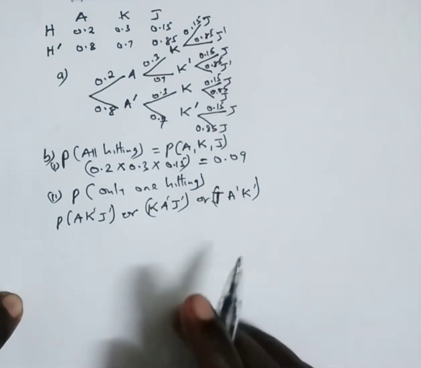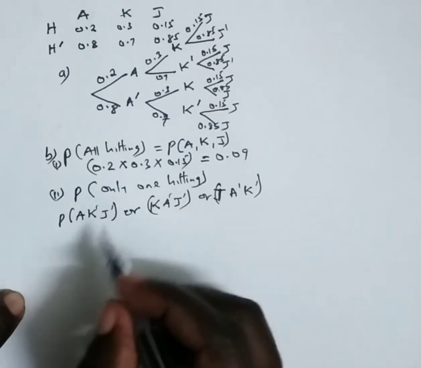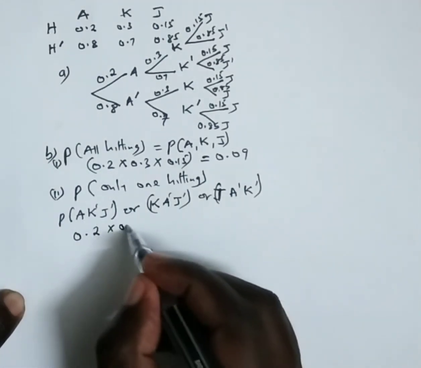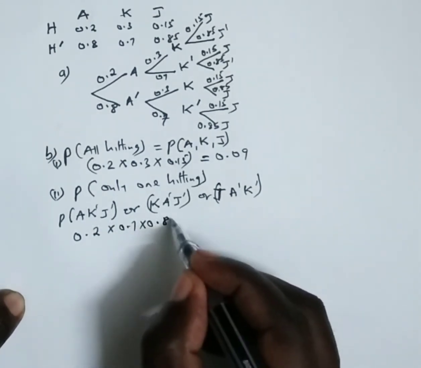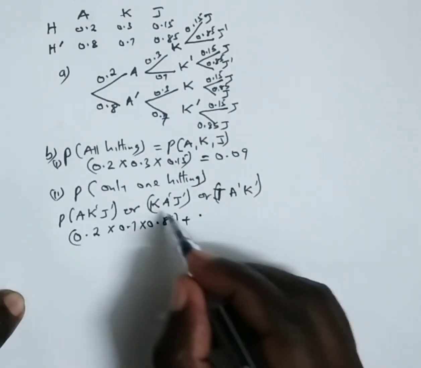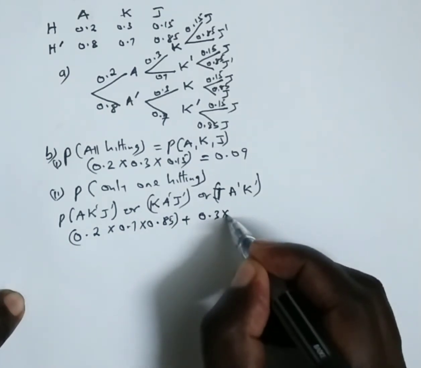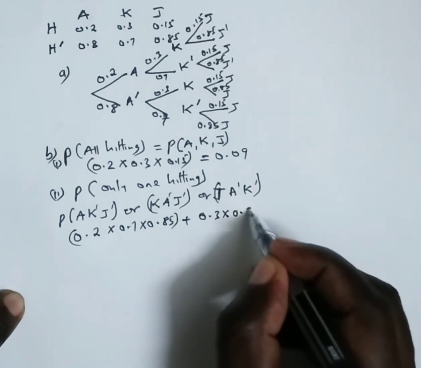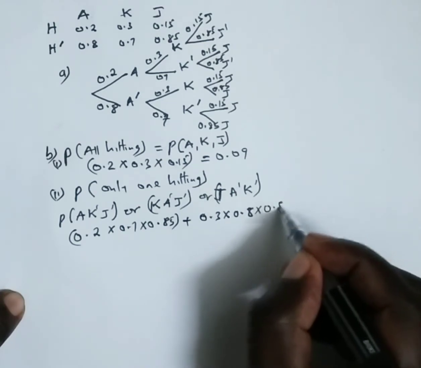So to go about this, we take the probability of Akinyi hitting, which is 0.2, multiply by Kamau missing 0.7 times Juma missing 0.85, plus Kamau hitting is 0.3, Akinyi missing is 0.8, multiply by Juma missing, which is 0.85.